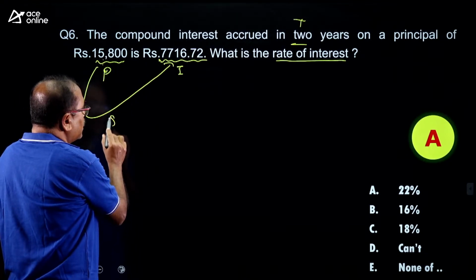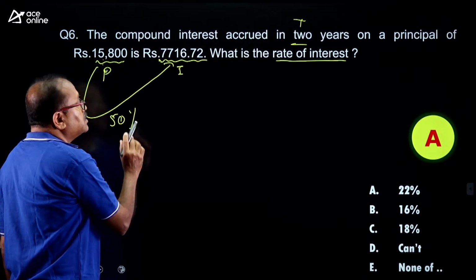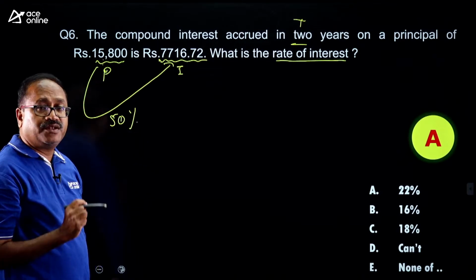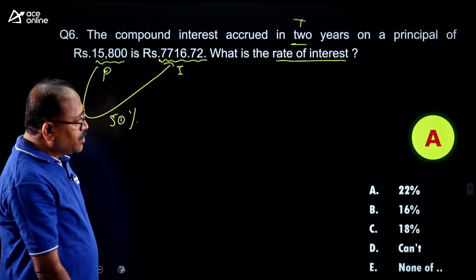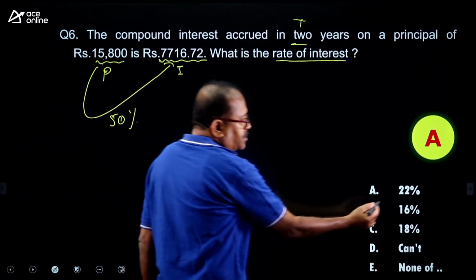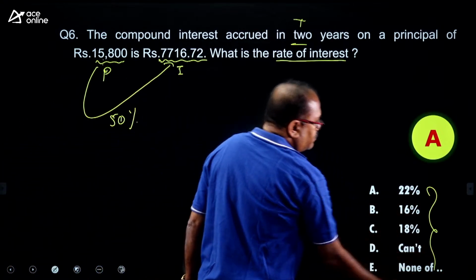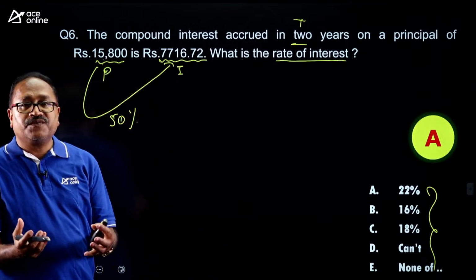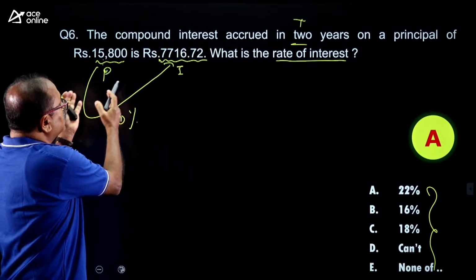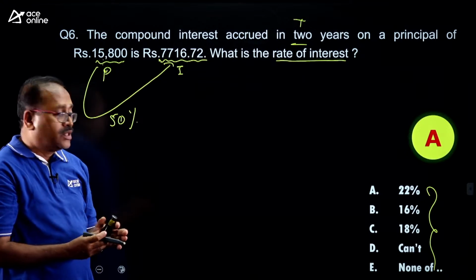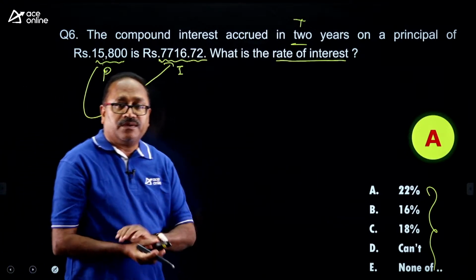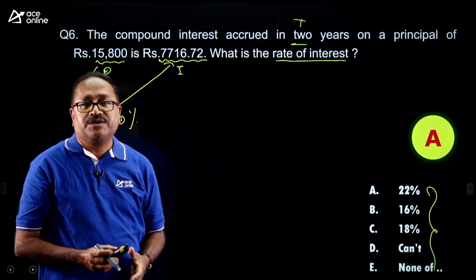That means close to 50% of the principal. What I will do is, out of the given options, find which option comes very close to 50%. Let's take option A, 22%.